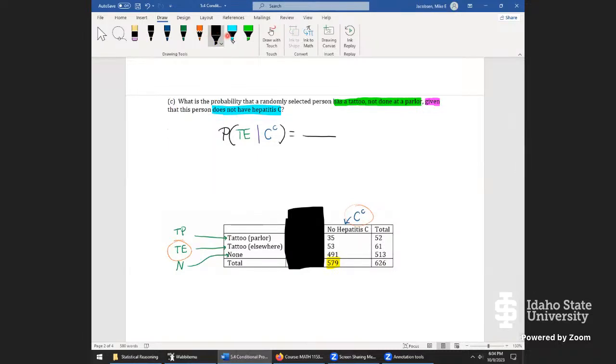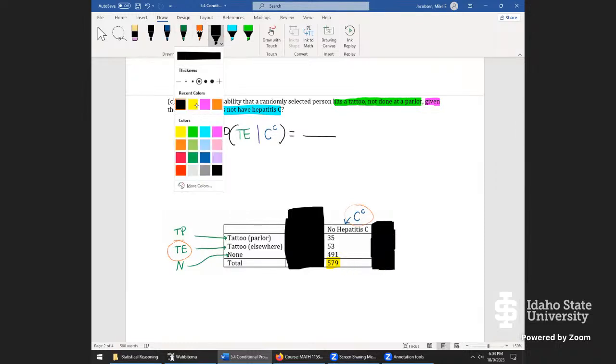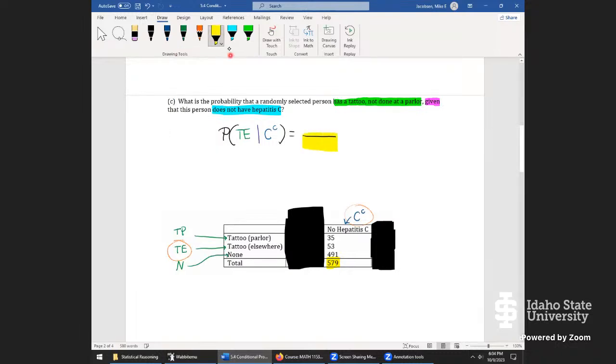In fact, it might not be a bad idea to remove this column right here, so I'm not worried about that total that was right where the red dot was, because it's this total that now matters in this problem. So given no hepatitis C, we count the number of ways a participant could have no hepatitis C, just 579. We didn't really count them, we just grabbed them from the column total. And anyone see what ought to go then in the numerator up here?